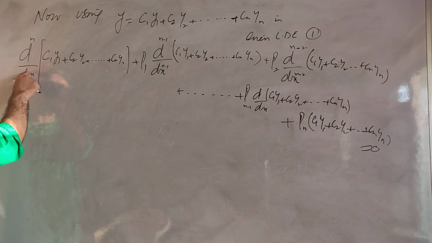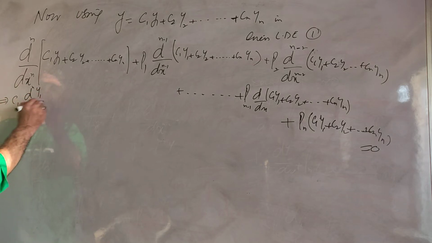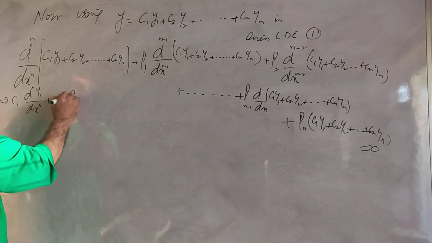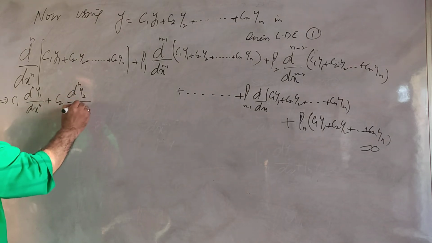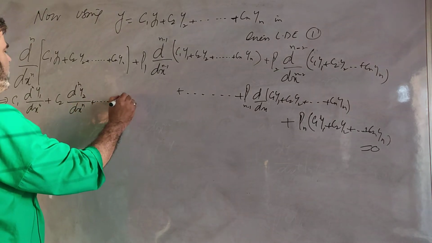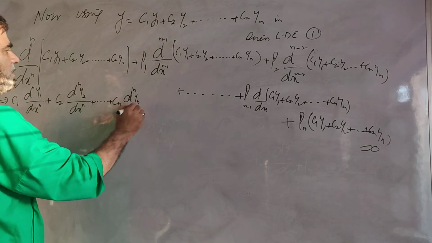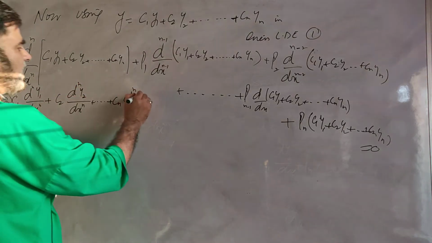When you distribute this, it will be c1 d^n y1/dx^n + c2 d^n y2/dx^n + so on to cn d^n yn/dx^n. This is the first term we have distributed.